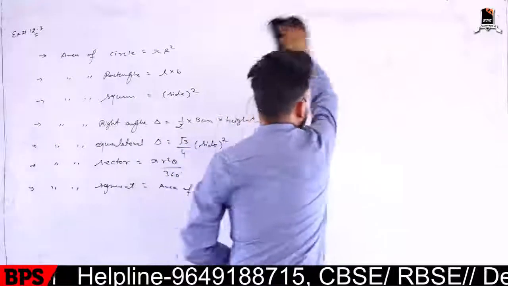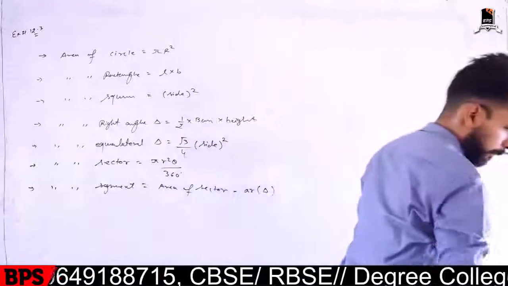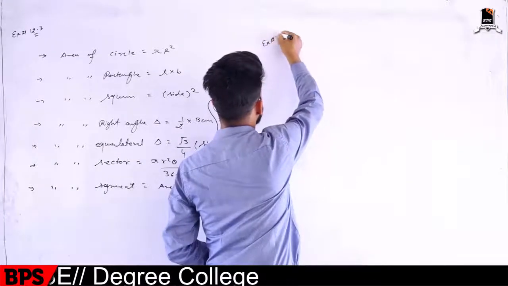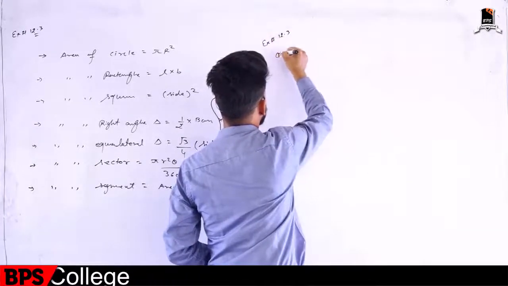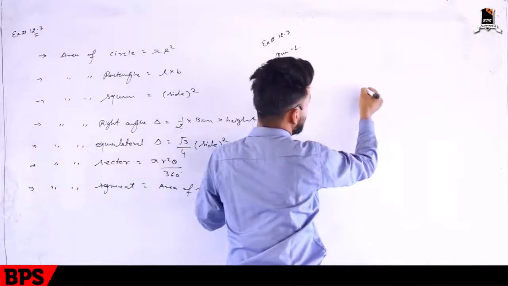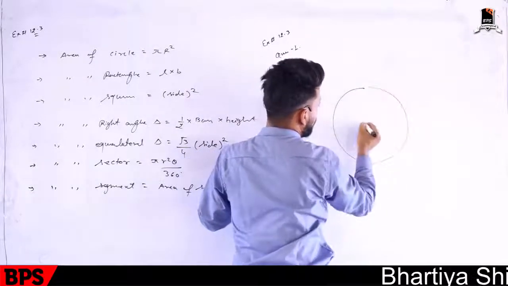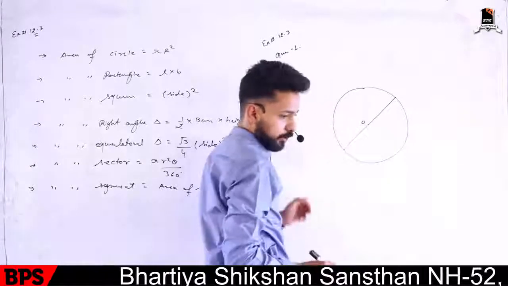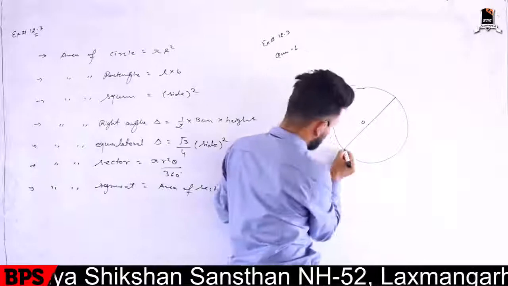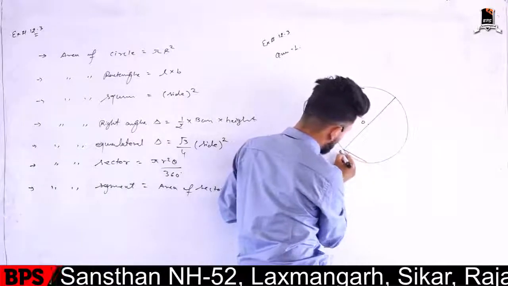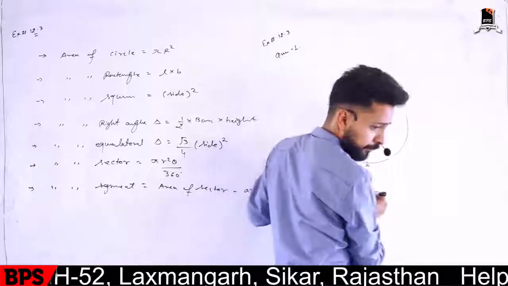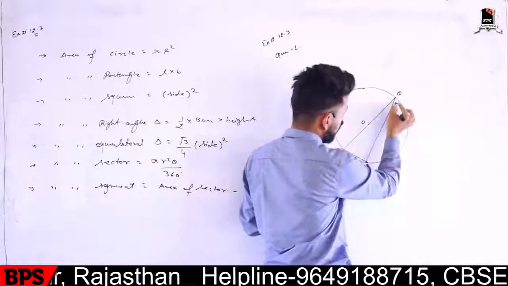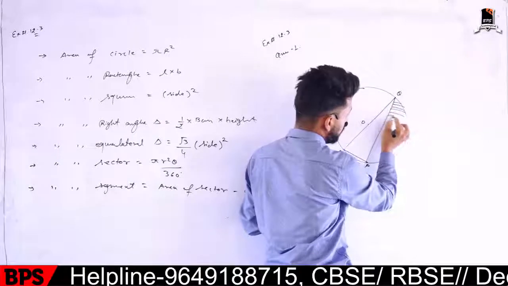O is the center of circle, and that is the point R, and that is the P, and that is the Q. Find the area of shaded region.